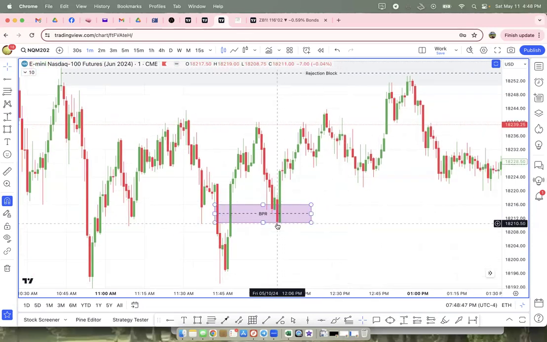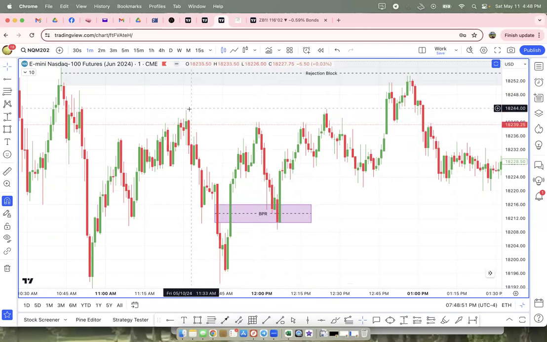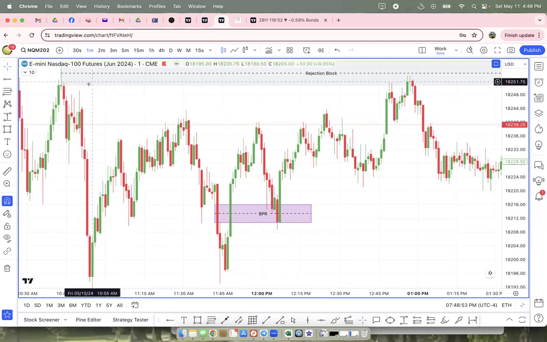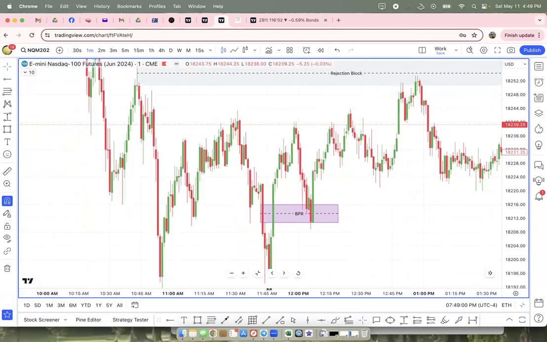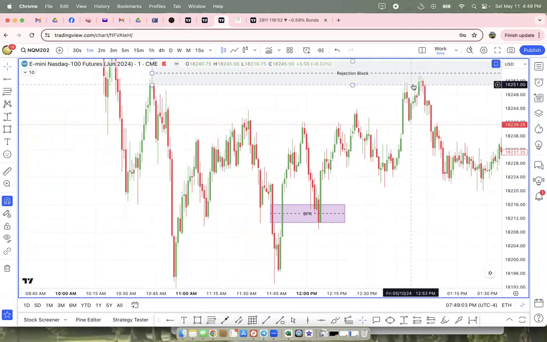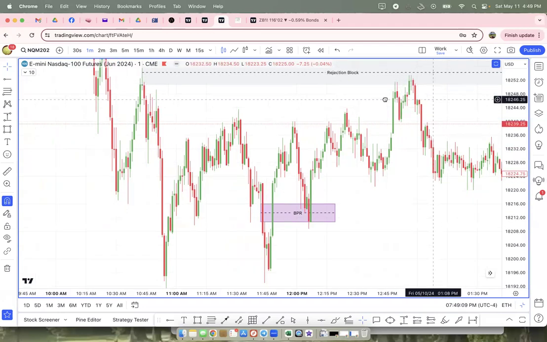So you get in here, and where do you target? You could target here, here, here, or the rejection block. And in this case, it would have been nice to just get out at the opening of the rejection block because in this case, it didn't give 50%.